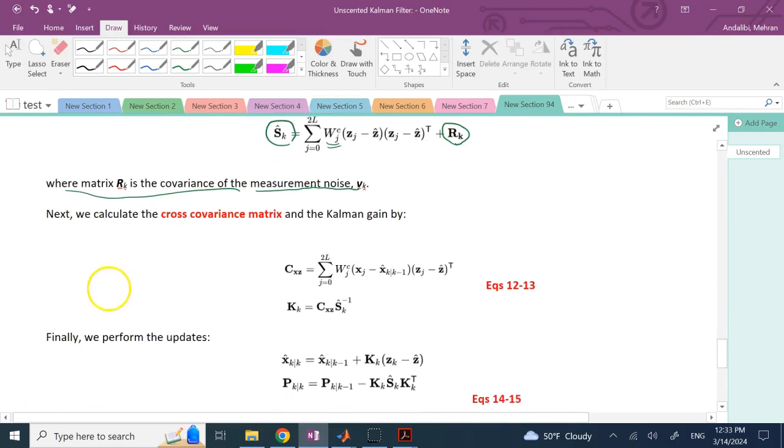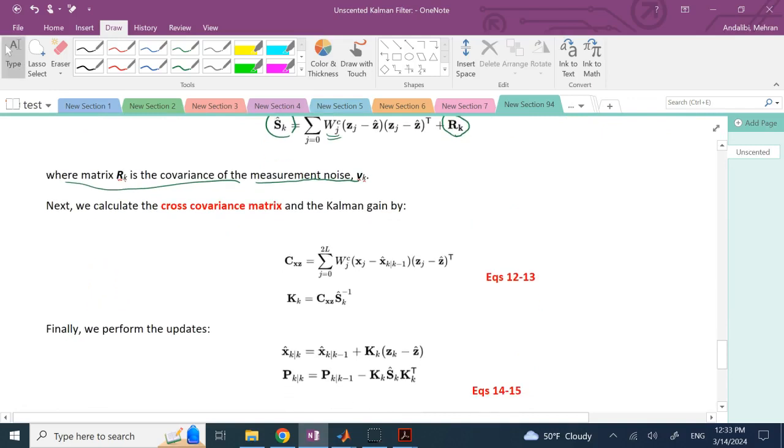Let me show you. Before I use them, I need to calculate another thing here called the cross covariance matrix, which is the relation between transform data from F, which we call x_j, and the transform data from H, which we call Z. We want to see if these x's and z's, which are transformed versions of the sigma points from F and H, show any cross covariance.